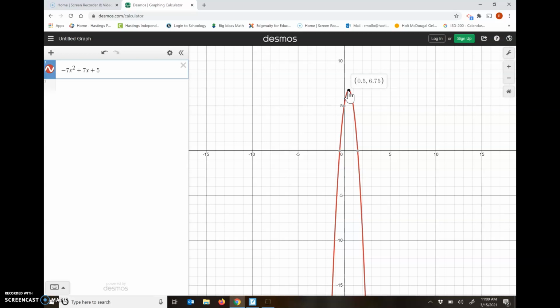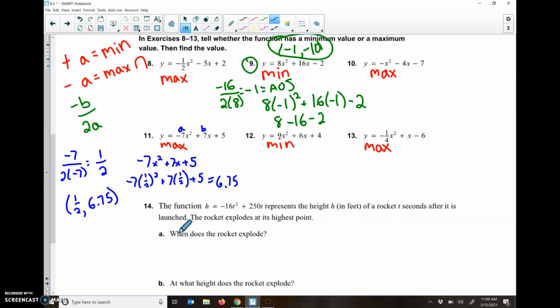It's never going to get any higher than that. So this is why problems like this have a maximum, and problems like the one I showed you before have a minimum. So negative a problems always have a maximum, like number 11, and then positive a problems always have a minimum, like number 9. But as long as you remember this negative b over 2a for all this stuff, then you should be fine for today's lesson.